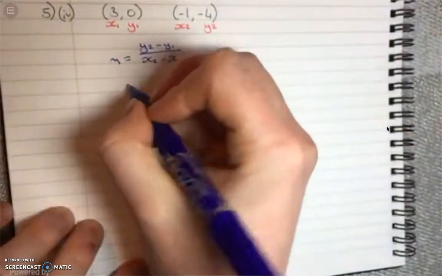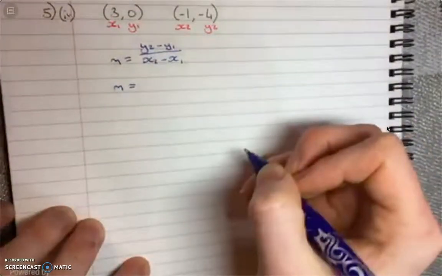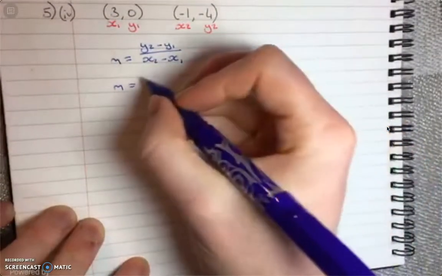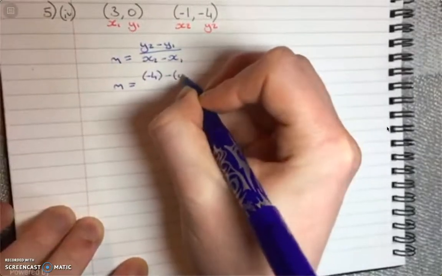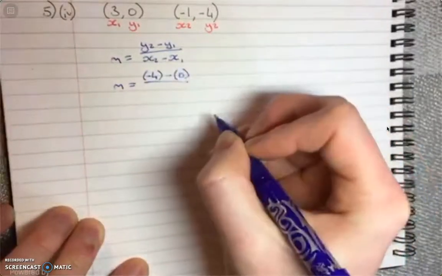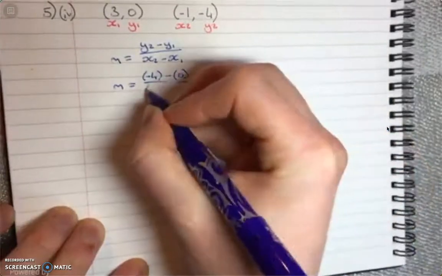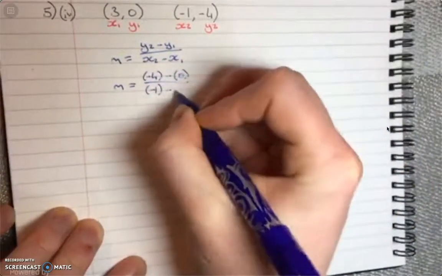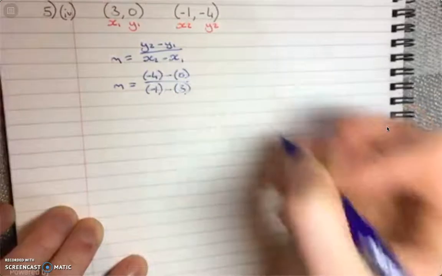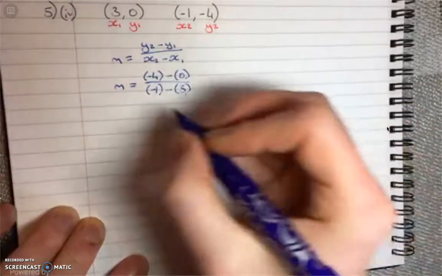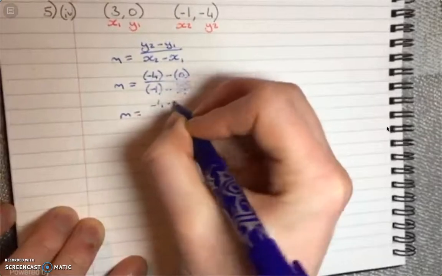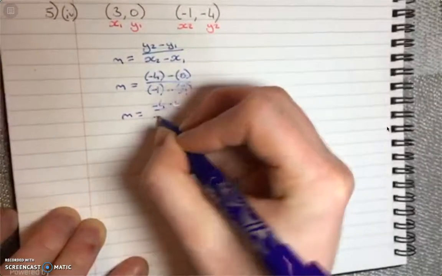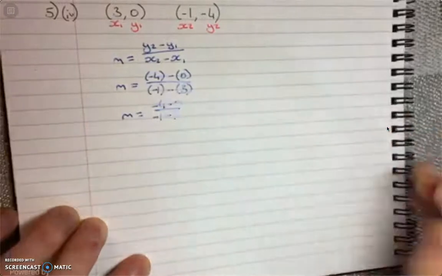My slope is my y2. My y2 this time is minus 4, and I'm taking away a 0. My x2 is minus 1, and I'm taking away x1, which is 3. So I'm going to get minus 4 minus 0 over minus 1 minus 3.